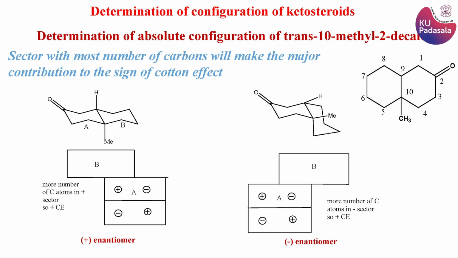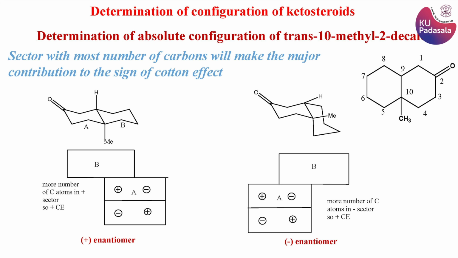So, I hope you have got an idea about the octant rule. Basically you are placing a cyclohexanone in space and dividing it using nodal planes in such a way that you get 8 sectors. Okay. And the cyclohexanone is placed in such a way that the oxygen atom is pointing towards you, that is in the front sector, whereas the carbons and other substituents are pointing away from you, that means they are all in the rear sector.